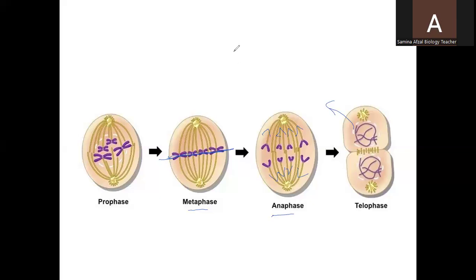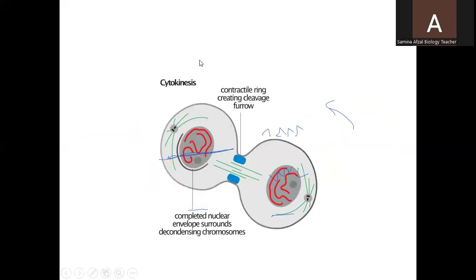Now the division of the cytoplasm will take place, which will make the one cell into two daughter cells. So here you can see in this slide, the cytokinesis. Cytokinesis is that process in which the cytoplasm is divided, and this division of the cytoplasm will make the cell into two daughter cells. So what happens during this?